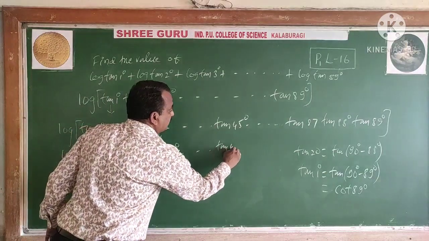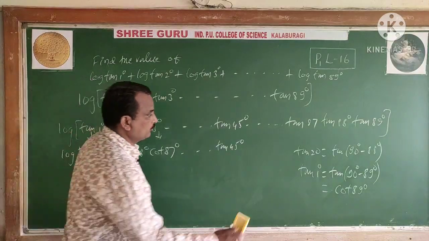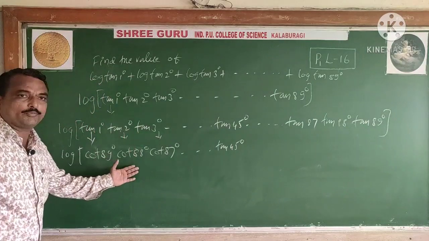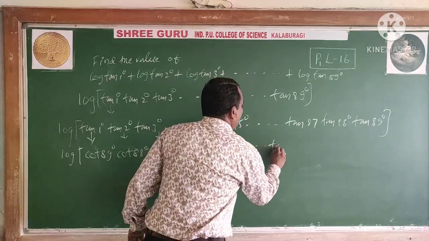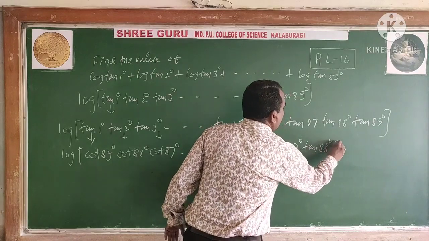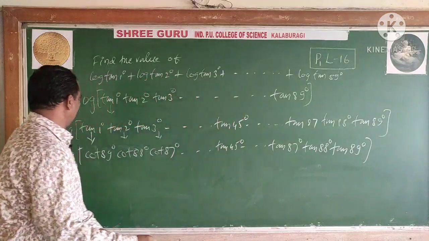This tan 45 degree stays as it is. You know very well it is tan in terms of cot. Similarly tan 87, tan of 88, tan of 89 degree, converting the structure like that.